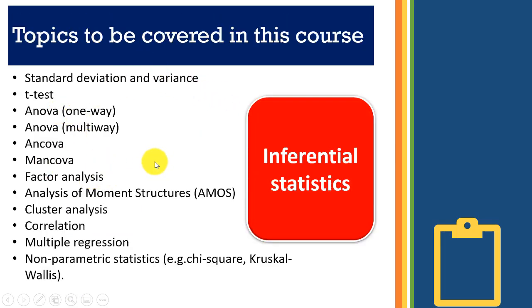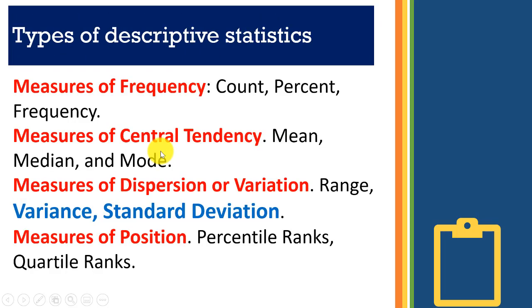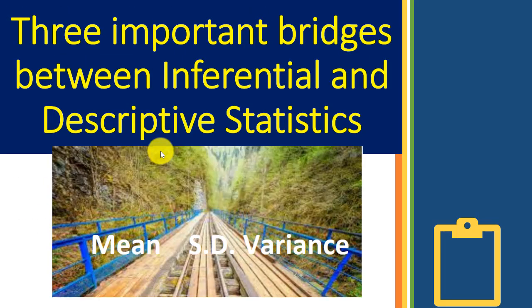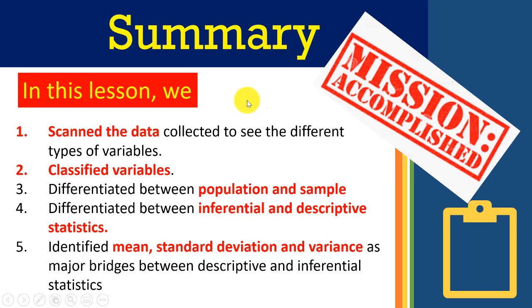It will help you to extract more meaningful findings from your data. So the mean, the standard deviation, and the variance are very important as bridges between descriptive and inferential. That is why we'll be taking them on in our next lesson.